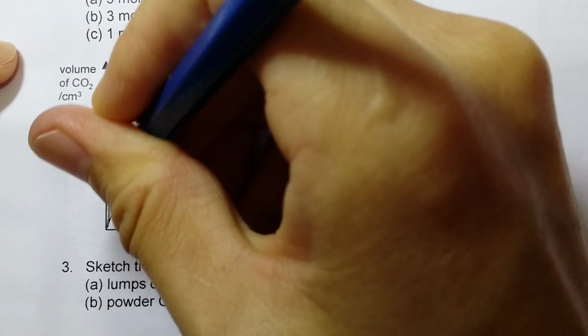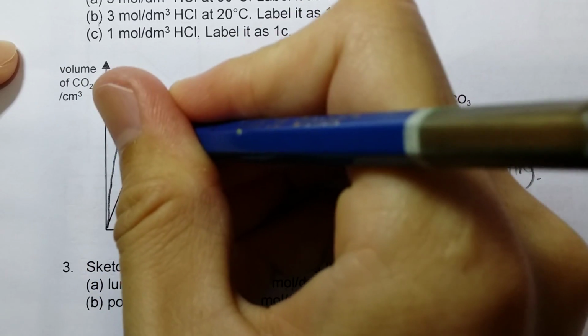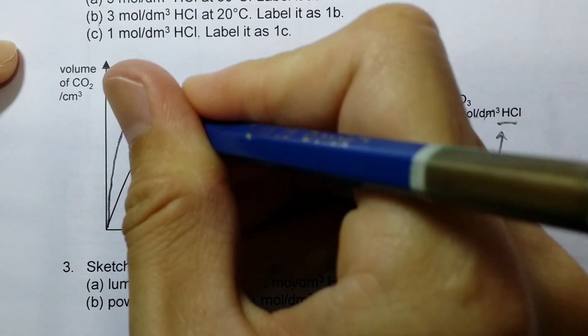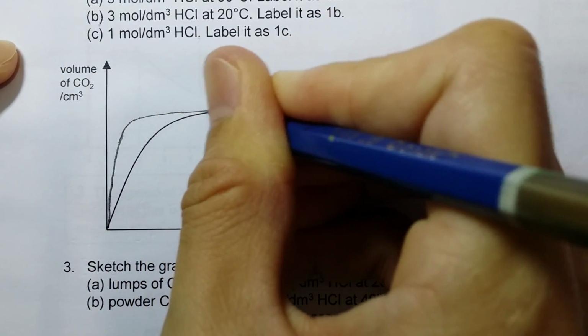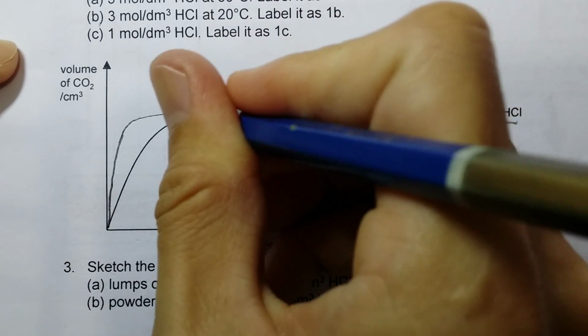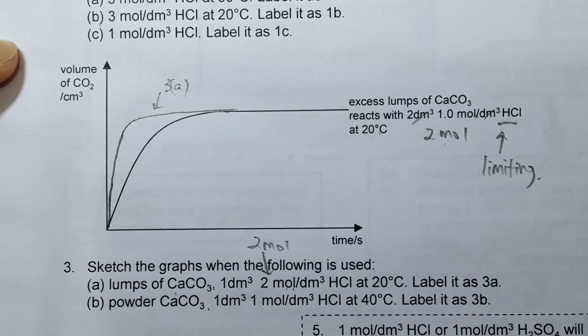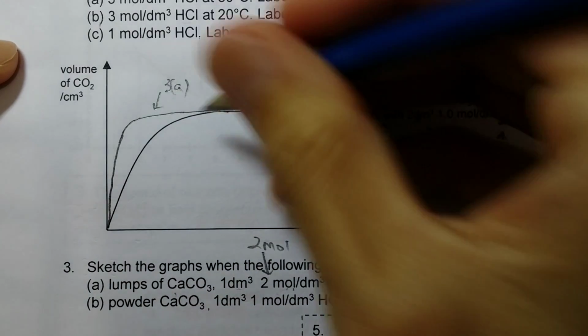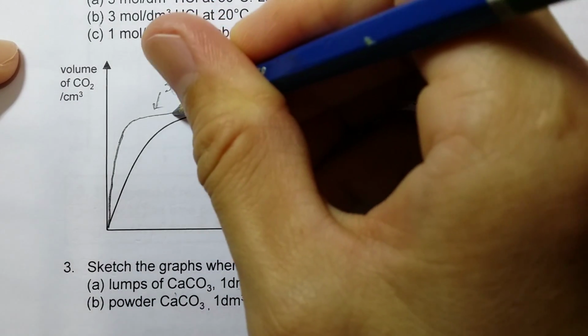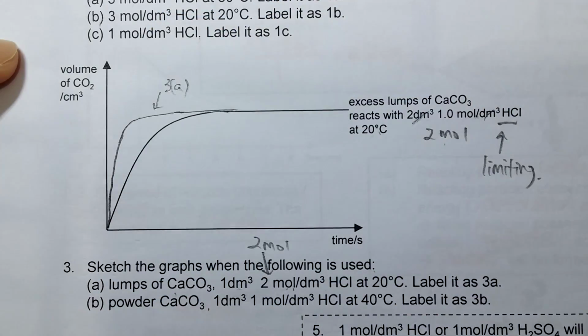So your 3A would be like this. This is your 3A. Okay? So it become horizontal. Since the reaction is faster, it should become horizontal faster.